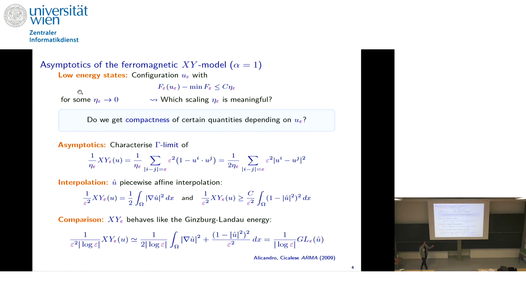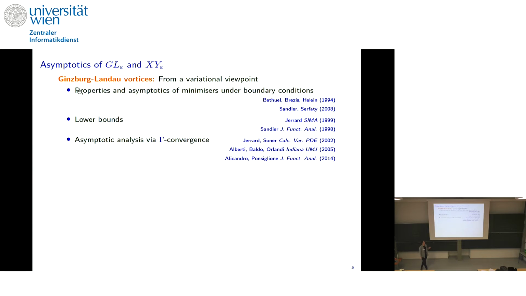The XY model energy on u behaves essentially like the Ginzburg-Landau energy on the piecewise affine interpolation. The nice thing is that the Ginzburg-Landau energy has been studied from the variational viewpoint in several perspectives: properties of minimizers, asymptotics of minimizers, lower bounds, and also asymptotics via gamma convergence.